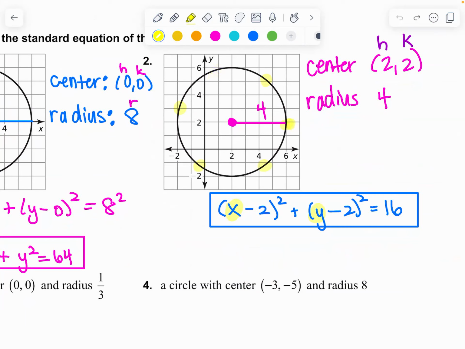Like if I said, hey, is this coordinate on the circle? If we plug it in and it makes 16 equals 16, then yeah, it is on the circle. So this circle is being created by all the points that satisfy this equation, (x, y).